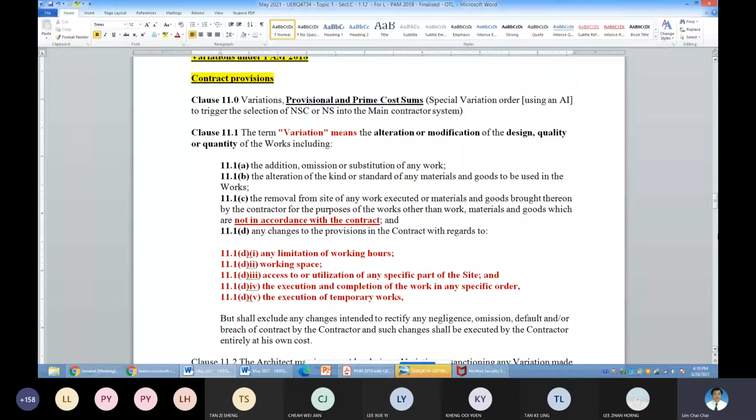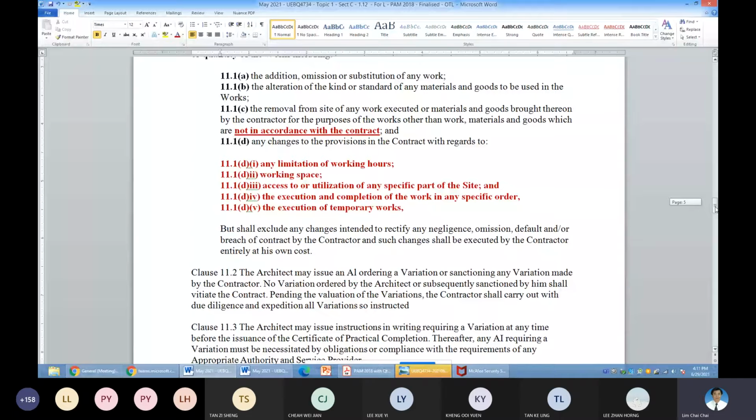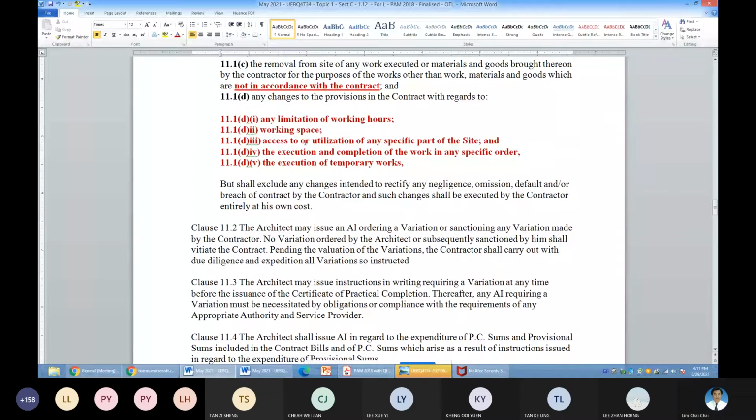So these are the important provisions for the architect to instruct, which clause or provisions under the contract allow the architect to do so.